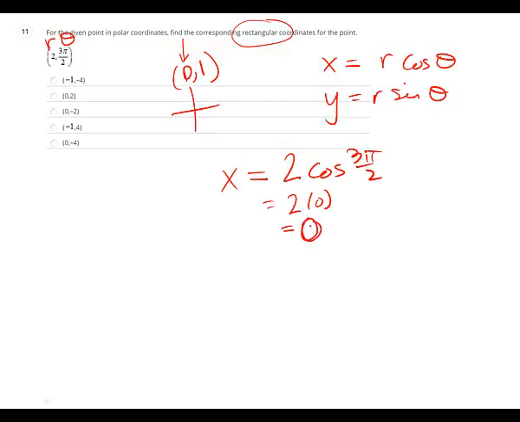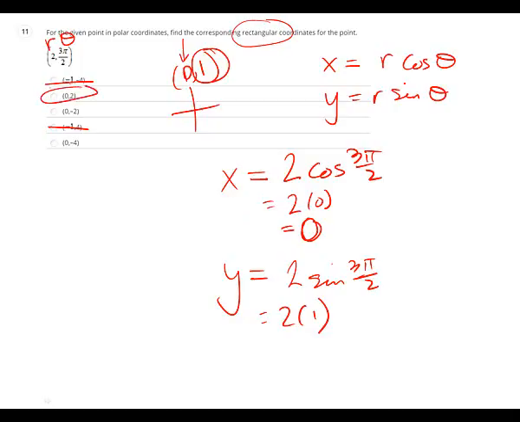Definitely 0. So that's my x coordinate is 0, which means it can't be this one or this one. Alright, my y coordinate is 2 times sine of 3 pi over 2. What's the sine of 3 pi over 2? Negative 1. So it's got to be this right here.